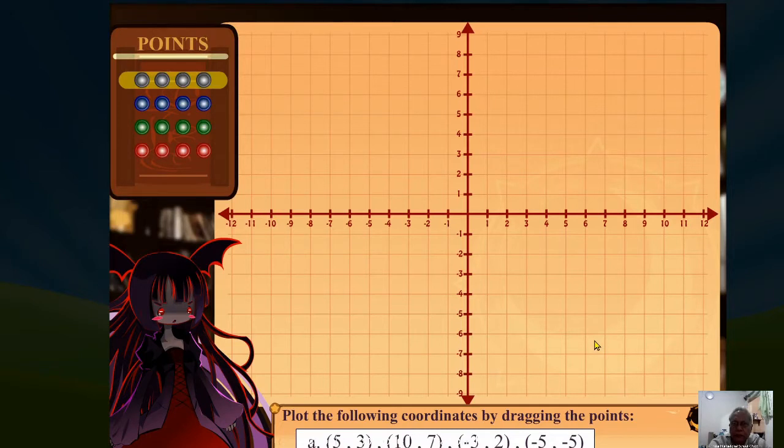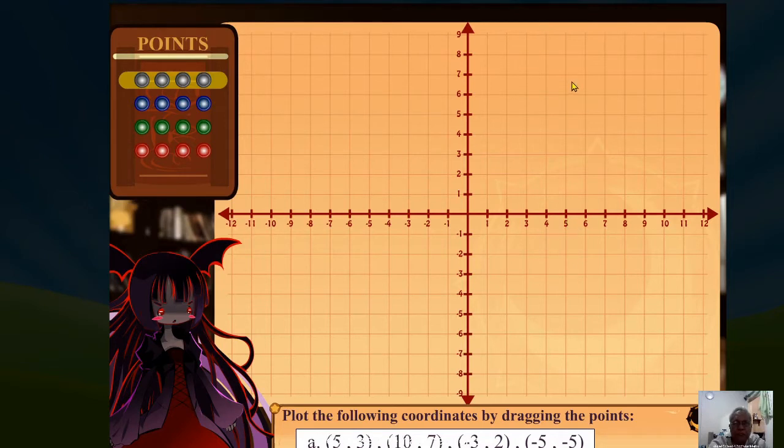Okay class, so we are going to plot the following coordinates by dragging these points here. The first point is (5, 3). So we locate the 5, which is positive, here.